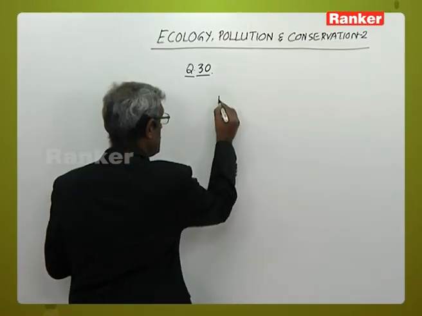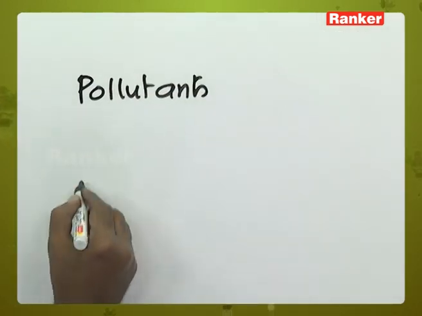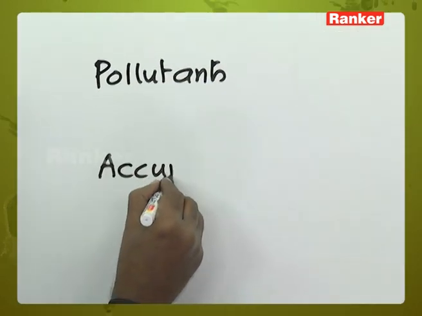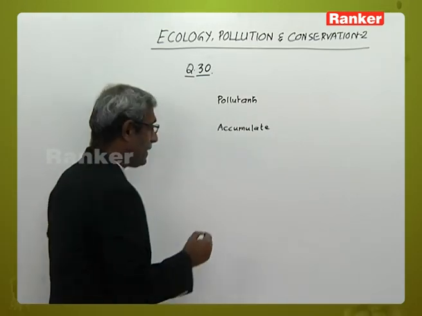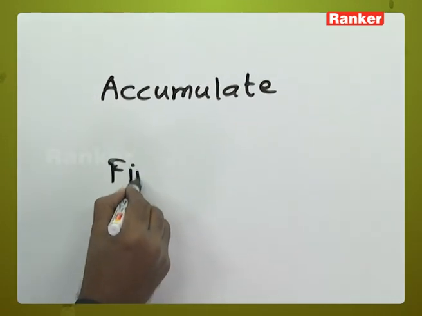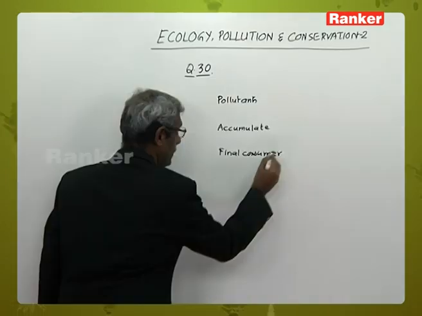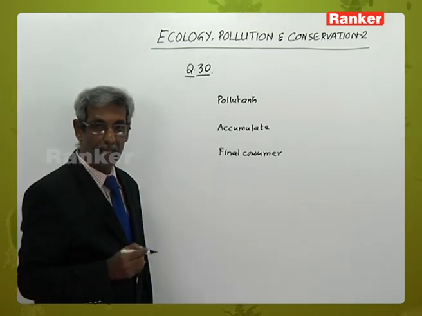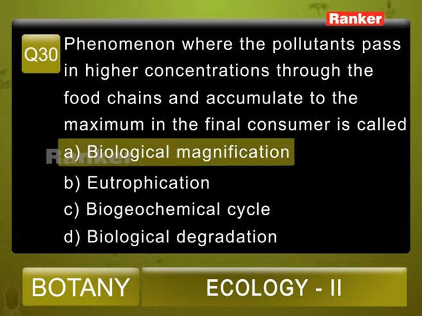Whenever we have pollutants and the pollutants accumulate, they accumulate in the final consumer. This again is termed as primarily biological magnification, hence the answer is A.